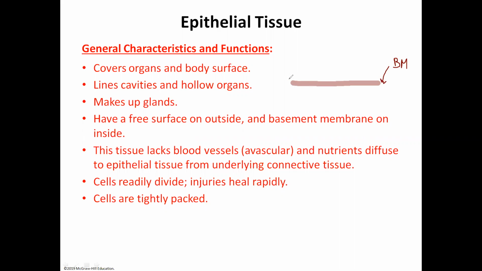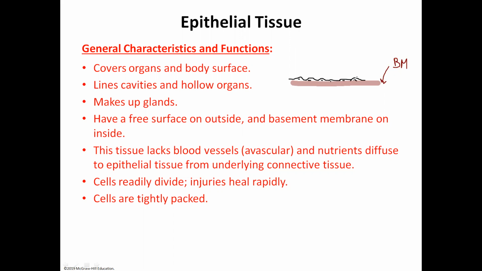On the outside of the cell, we're going to see that it's pretty free and not attached to anything. Simple squamous cells are flat cells, and this is as if we were looking at it in a side profile. They're nice and flat, and then they have a nucleus that we can see.